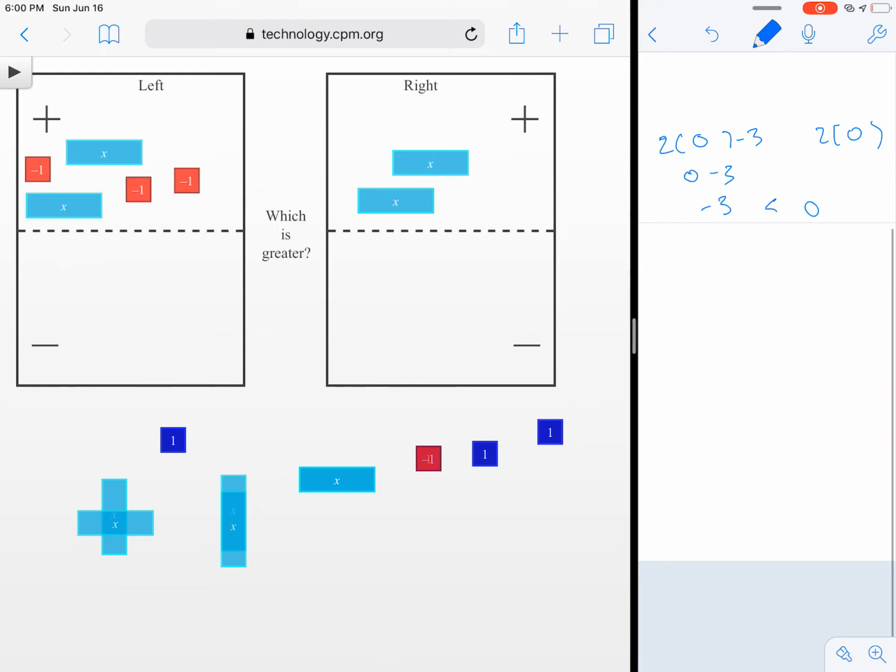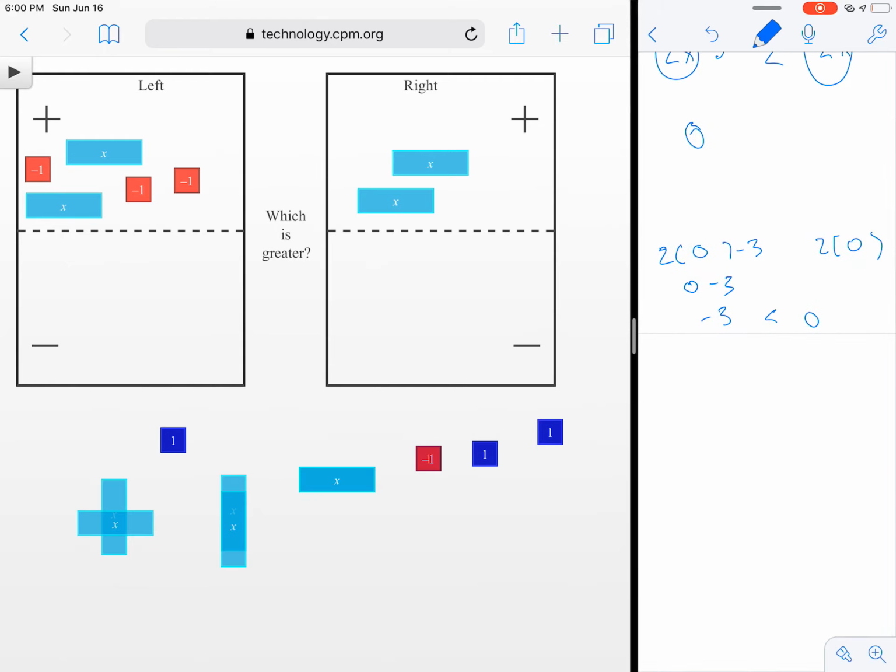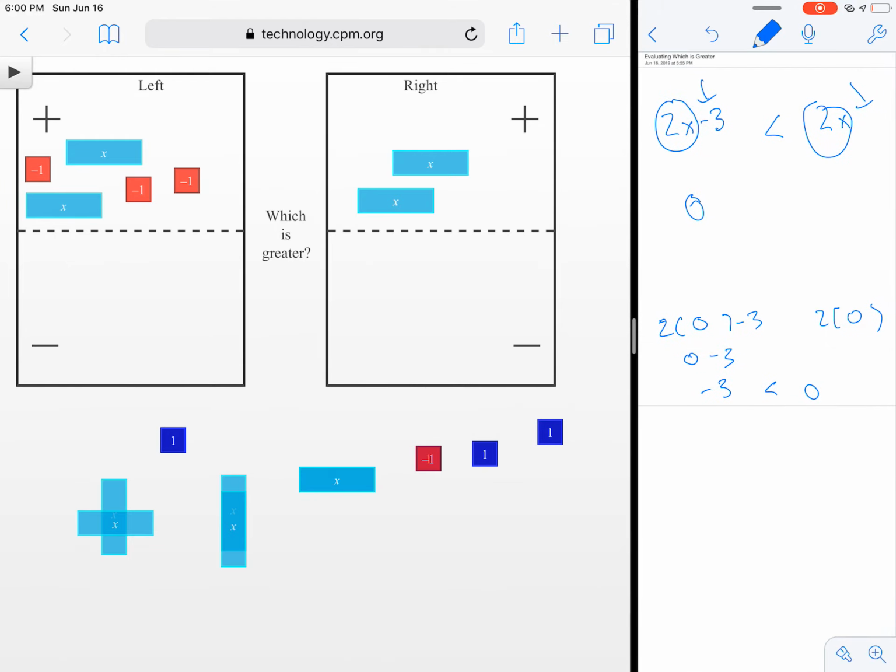What's important to note is if I have the same amount of x tiles, then whichever unit tiles remain, in this case it's negative 3 compared to 0, whichever unit tiles are greater, that side is greater.